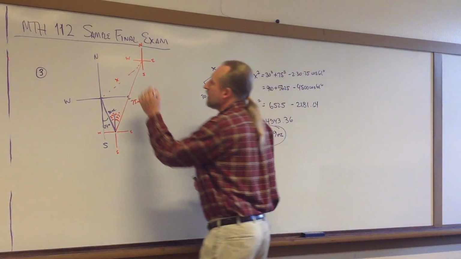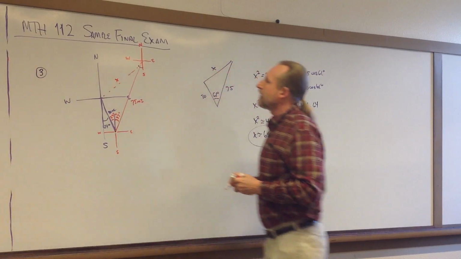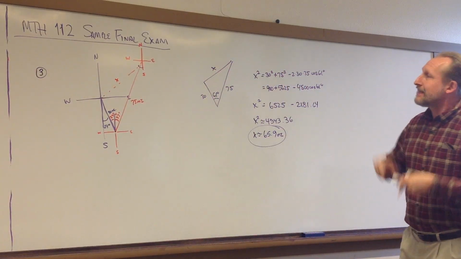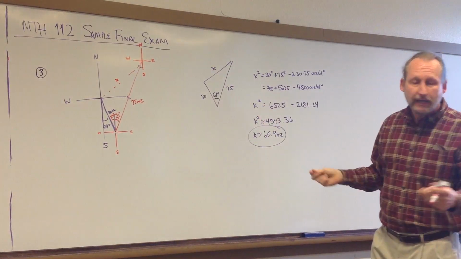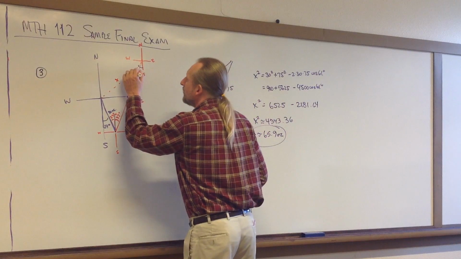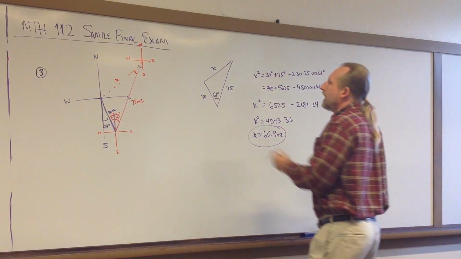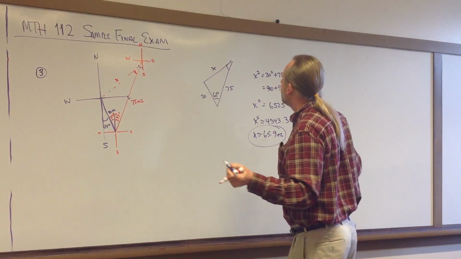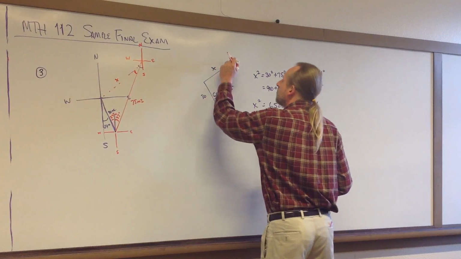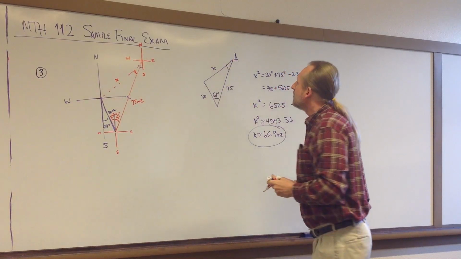So it's clear that what we need to know is this distance, or that angle right there, because it's going to be that angle west of south. But we need to know that angle. Part of it is inside the triangle, all right? And so we can find this angle right here, but let's see, what do I want to call that angle? I haven't really used any variables, so I'll just call it angle A.